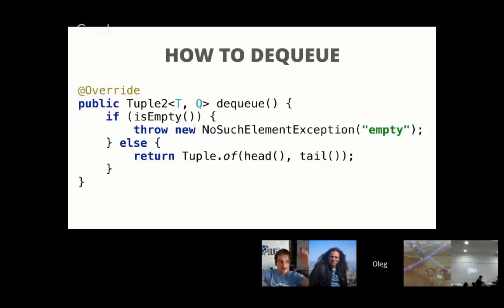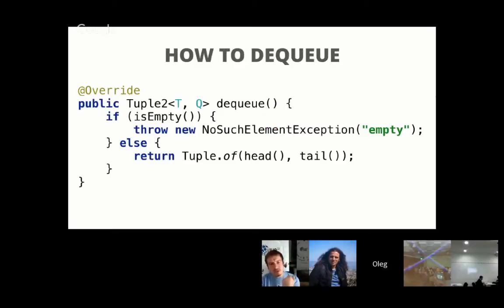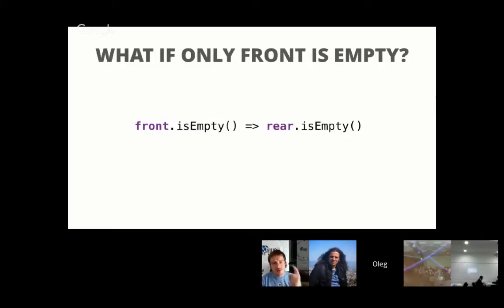And you just wrap that in a tuple. Fairly straightforward. Now the question becomes, are we sure that if the front is empty, the rear is empty too? Because when we want to dequeue an element, and if the front is empty, we will throw an exception. However, we will use a trick, and the front is empty will mean that the rear is empty.